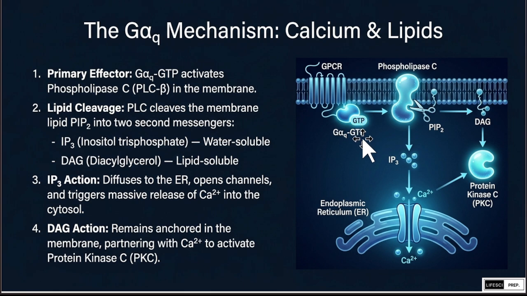G alpha Q activates the PLC. PLC cleaves the PIP2 into DAG and IP3. The IP3 acts on the endoplasmic reticulum, where it releases the calcium, and the DAG activates PKC. That's all on G alpha Q.